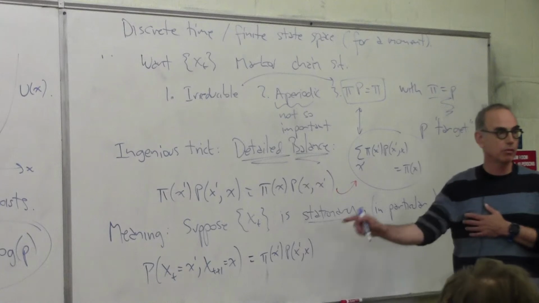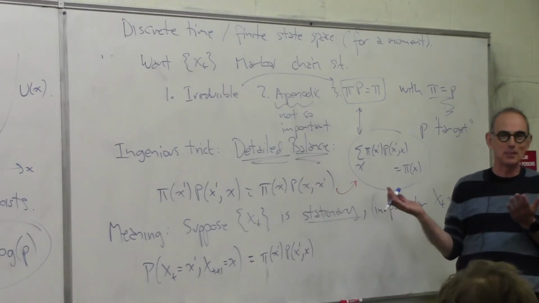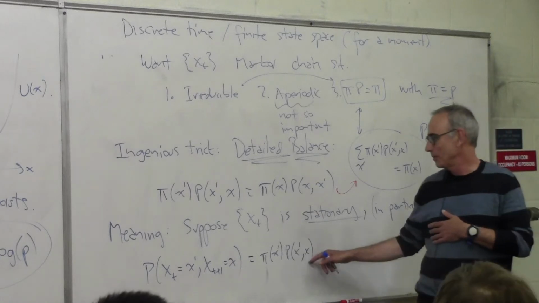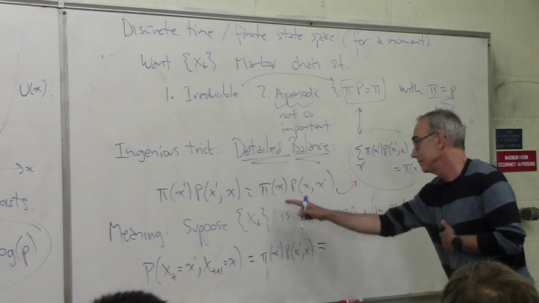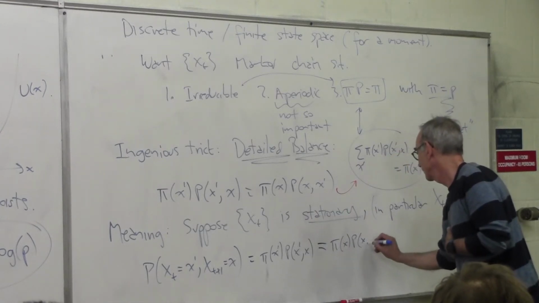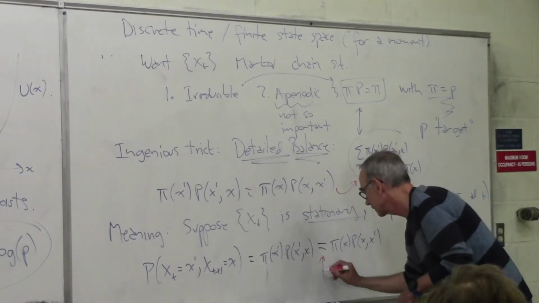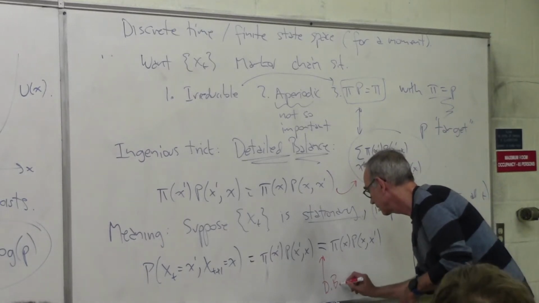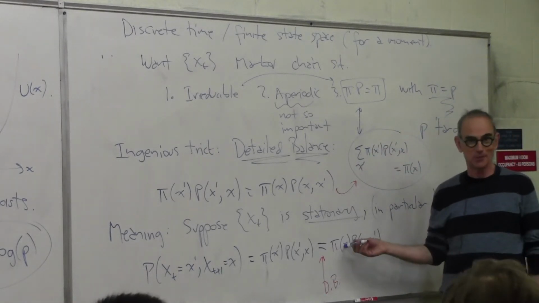It's a definition of conditional probability. The conditional probability is this divided by this, right? And then I have detailed balance. Okay, an extremely strong condition, so that's not always true.